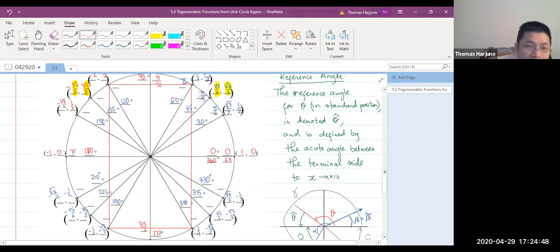The x are all positive or negative 1/2. The y are all radical 3 over 2 with plus or minus. And all the angles correspond to the vertices of these coordinates. All of them have reference angle 60 degrees.